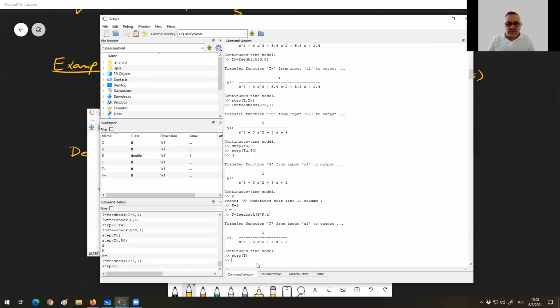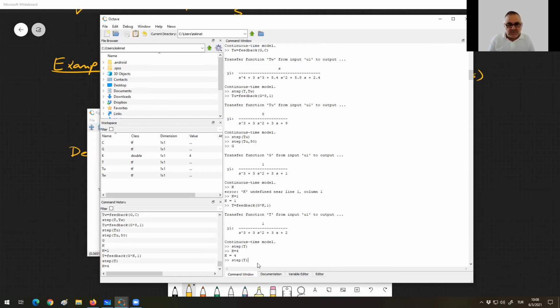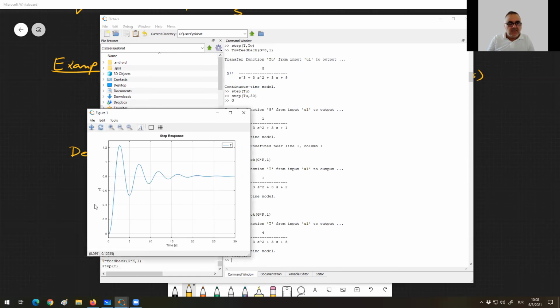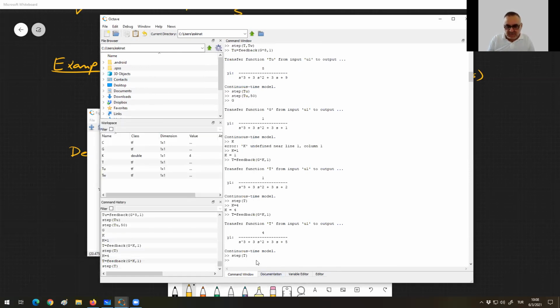It's not oscillatory. As you will see, as I increase the K value, let's make it 4, the system response is going to get more oscillatory. Well, it is oscillatory, but still not enough. I will increase it more. Let's say 7.